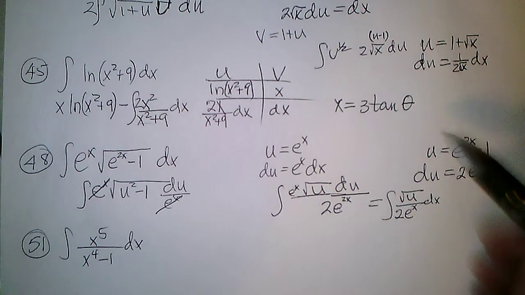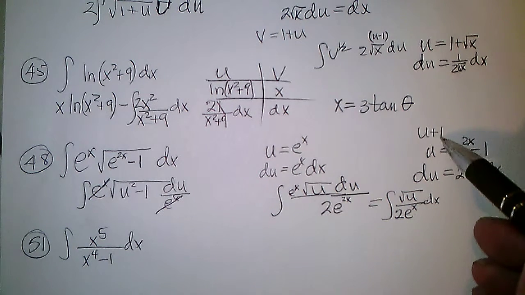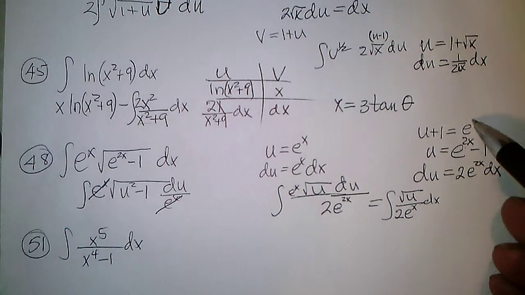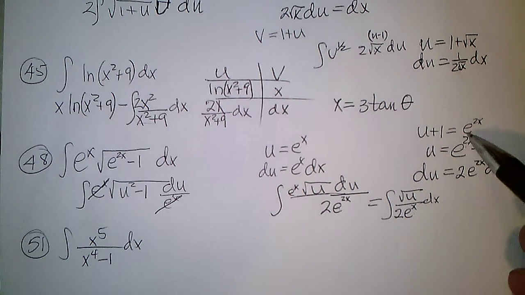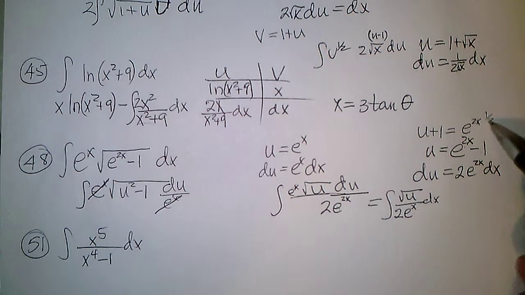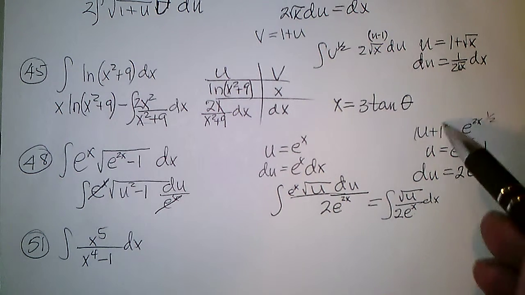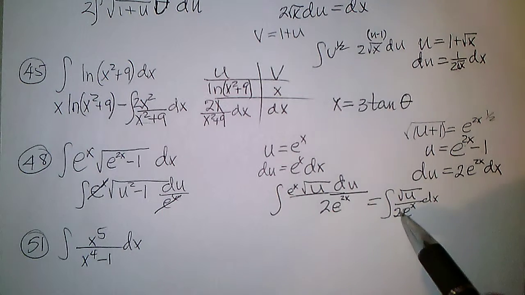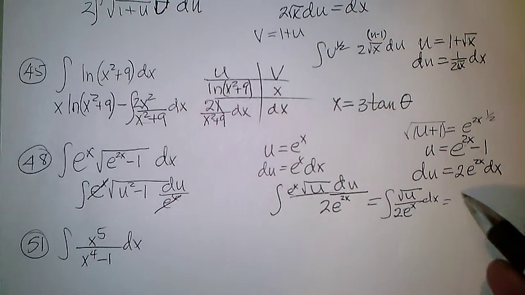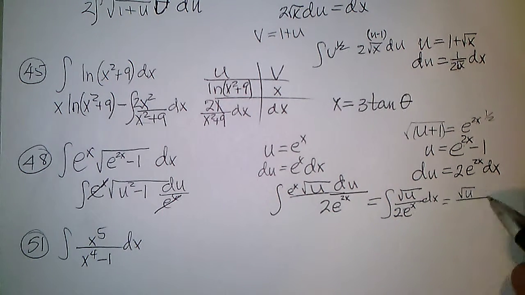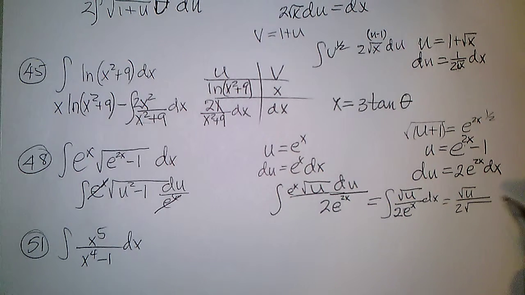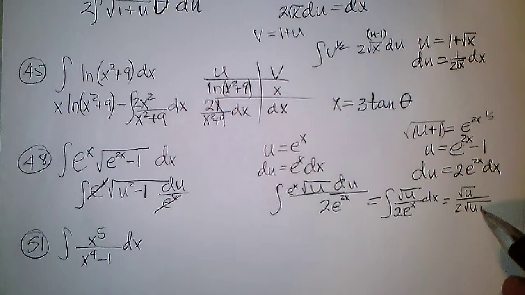I would add 1, that'd be u plus 1 equals e to the 2x. And to solve for x, I'd take it to the 1/2 power. I'd get rid of that, so I'd have the square root of, basically, u plus 1. So this denominator would be square root of u over 2 square root of u plus 1.